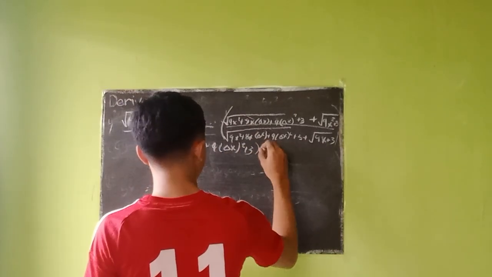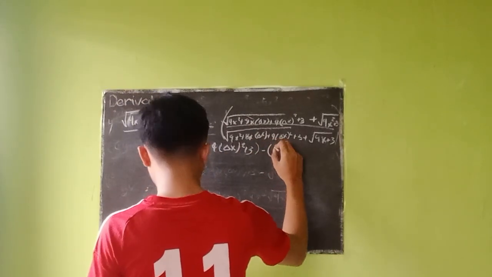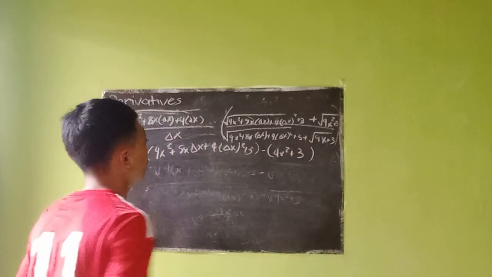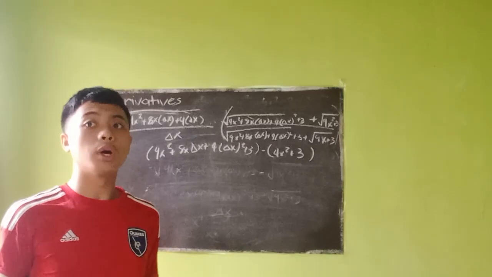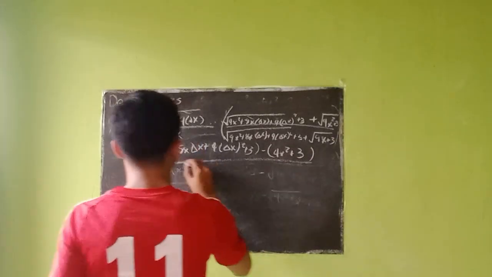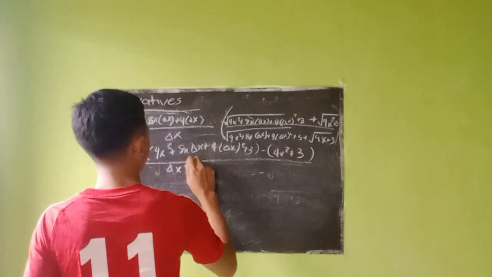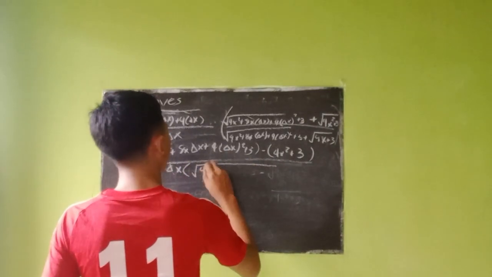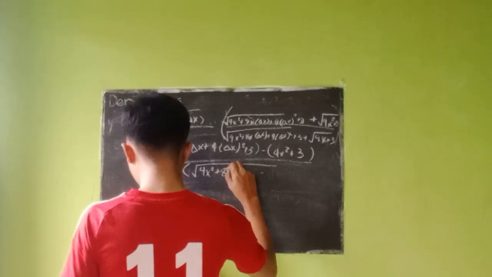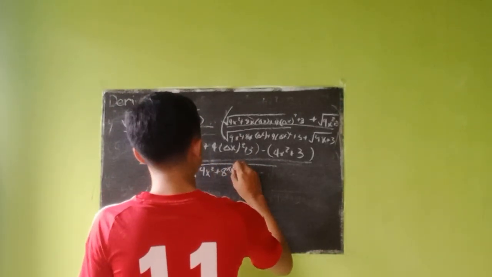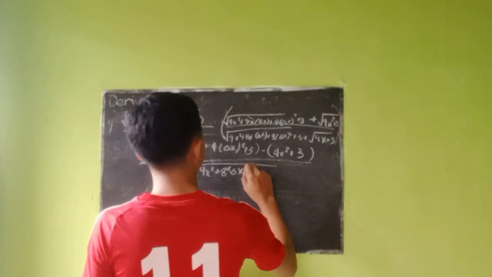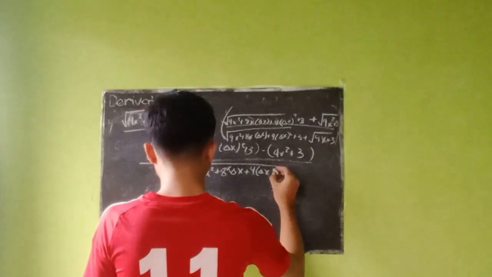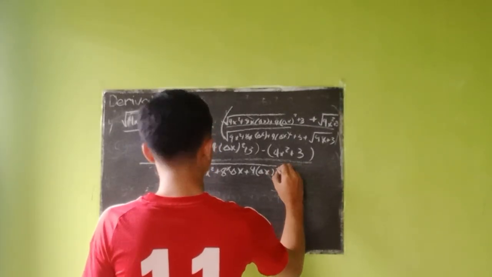After that, we have parentheses 4x squared plus 3, and then combine that for the common denominator. We'll have x, delta x, followed by its reciprocal. We have 4x squared plus 8x delta x plus 4 delta x squared plus 3.